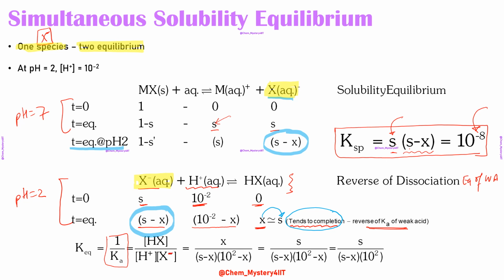Substituting these values, HX is the concentration X, which can be written as S. This is the concentration of X minus, which is S minus X. This is the concentration of H plus ions, which is 10 raised to power minus 2 minus X. Approximately this can be written as 10 raised to power minus 2.